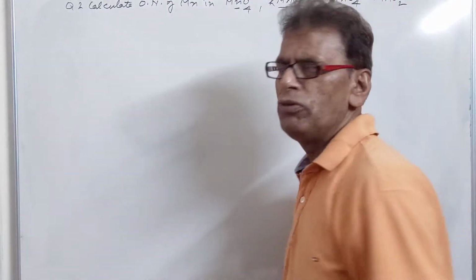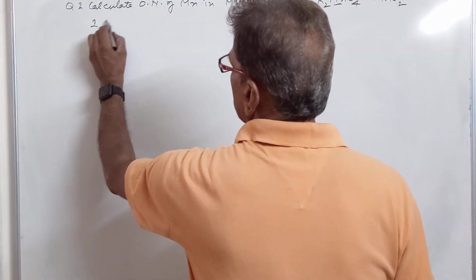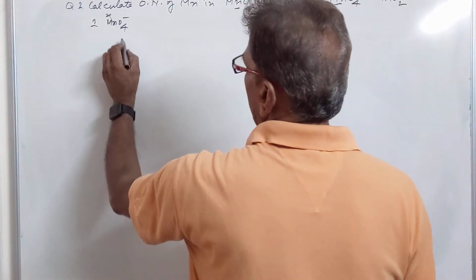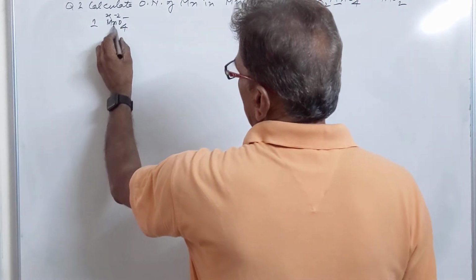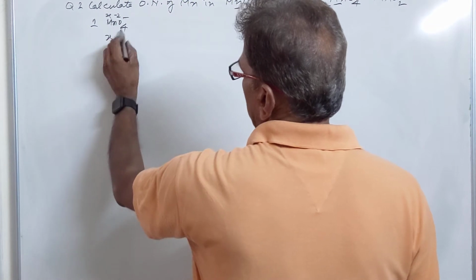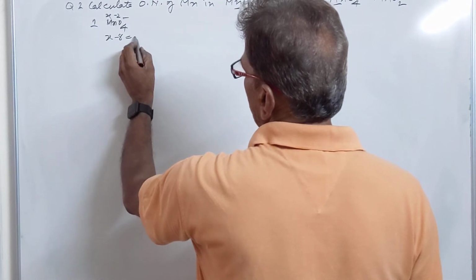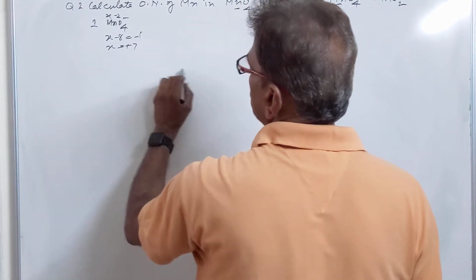So in these we have to calculate the oxidation number of Mn. Taking the first case, MnO4 negative, write X for Mn, -2 is the oxidation number of oxygen. Calculate the total: 1 multiplied by X, 4 multiplied by -2, equated to -1. So X will be +7.